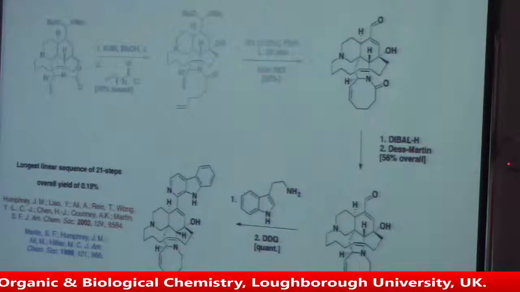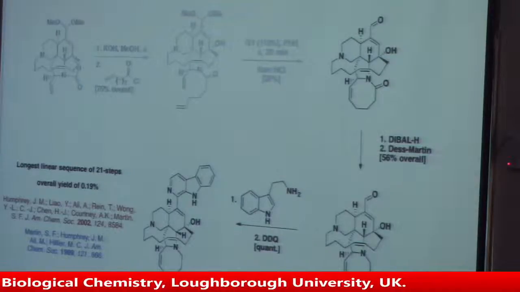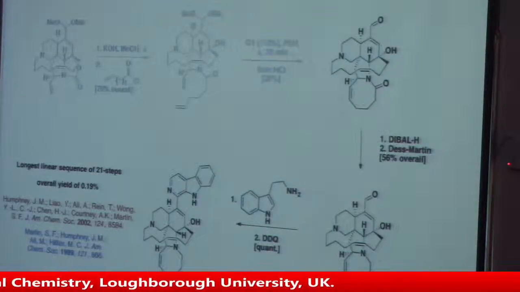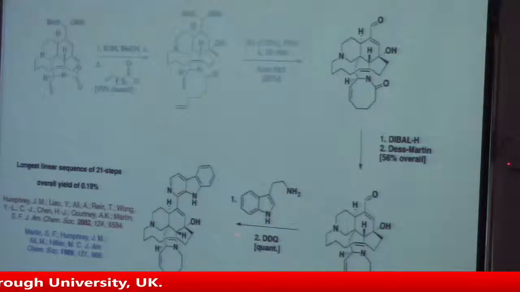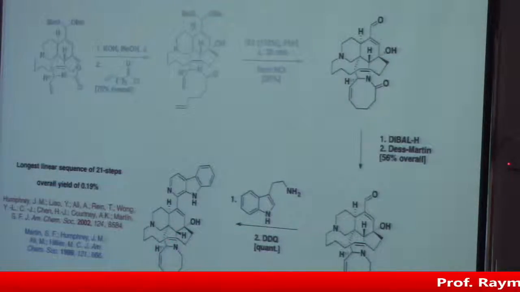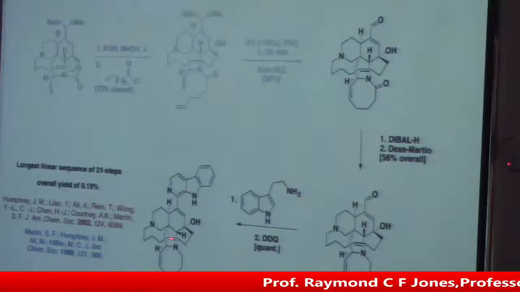Before metathesis was developed and properly systematized by people like Grubbs and Schrock, it would have been very difficult to imagine how you would put those two rings together. So those to me are the key features of this.